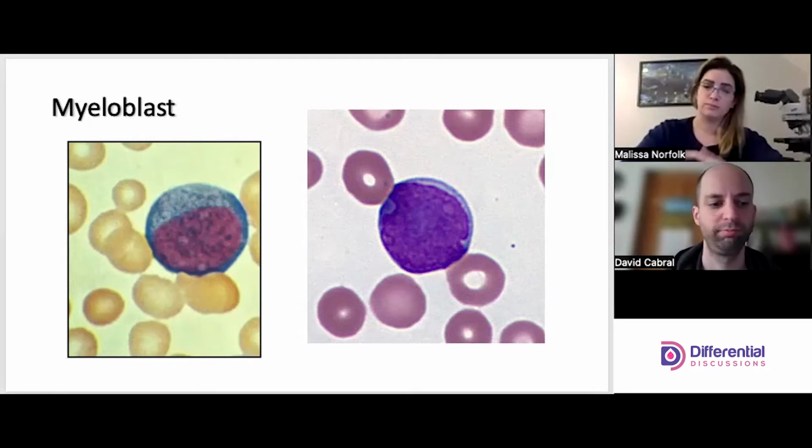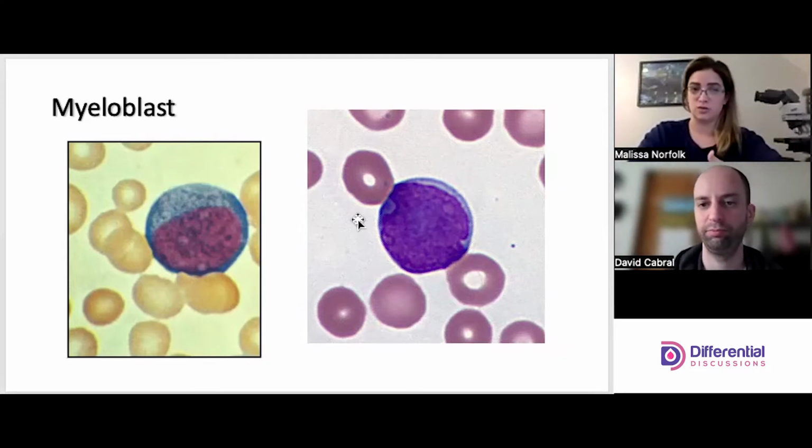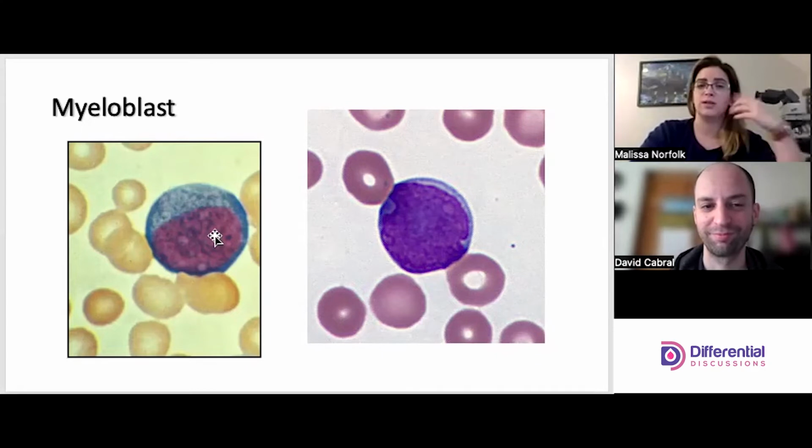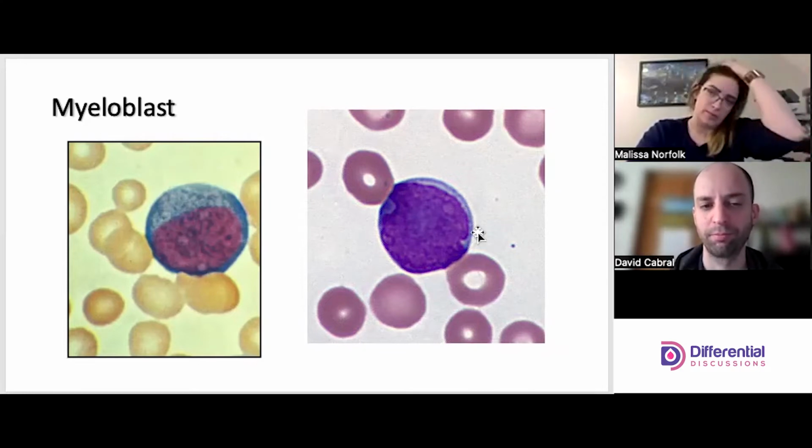And you'll see, even in these 2 blasts here, this chromatin is still homogeneous. There's a few areas where you can see color, but for the most part, it's homogeneous. Nice prominent nucleoli in there, but it's got a little bit more cytoplasm than this one does. That will just vary by patient.